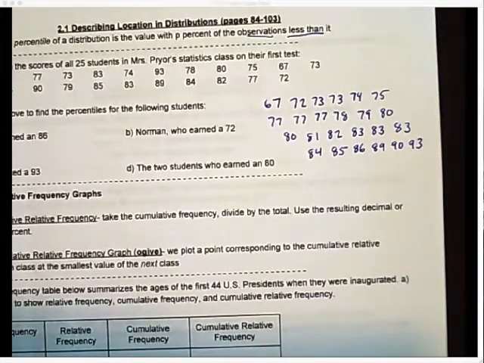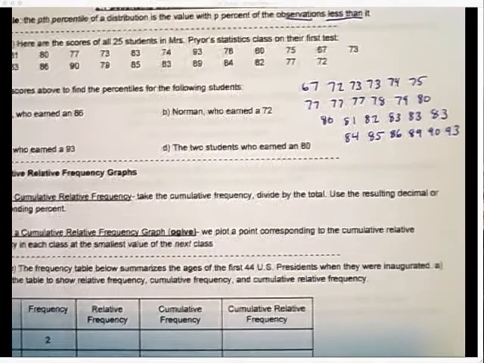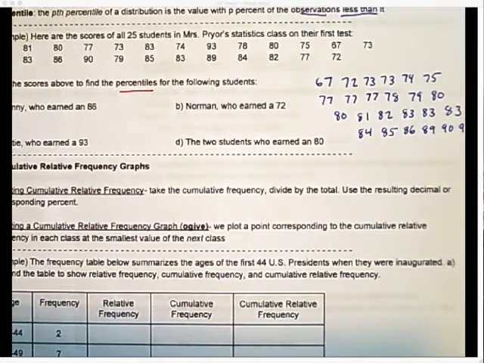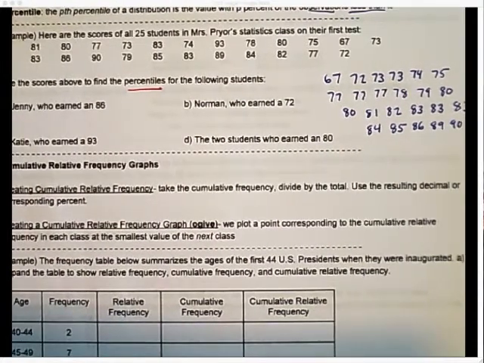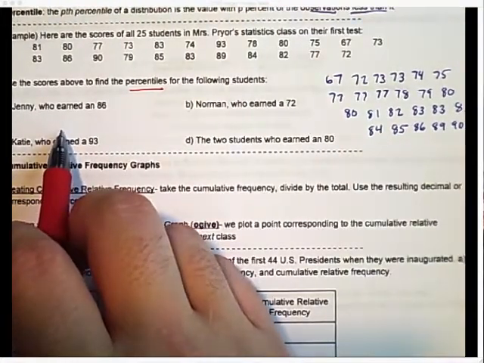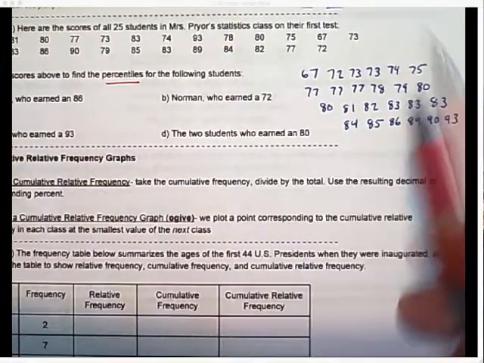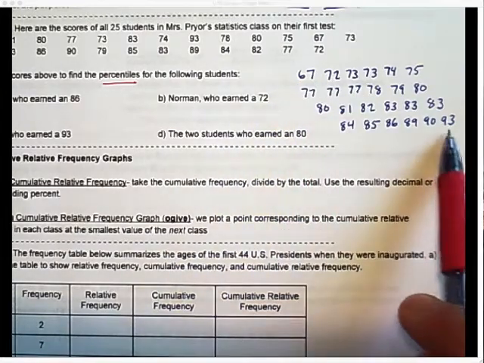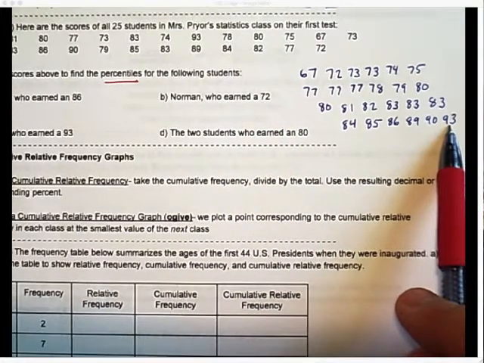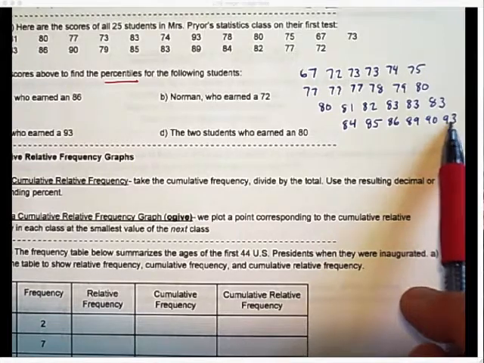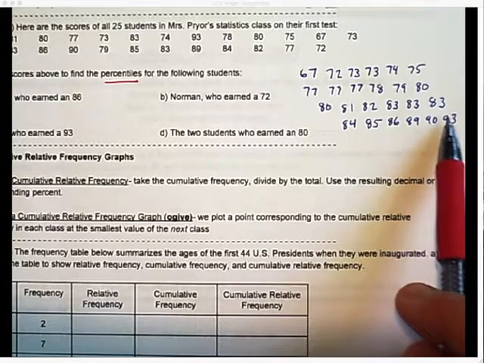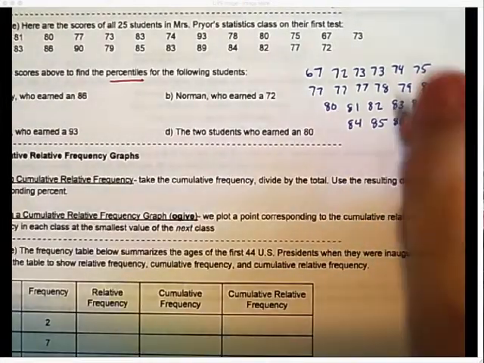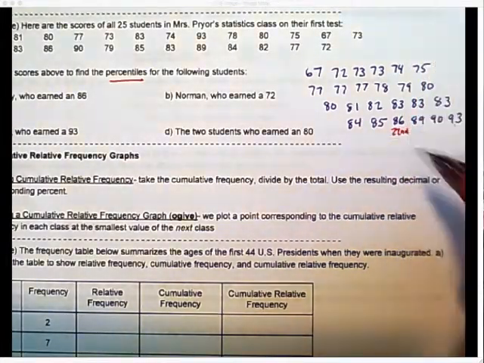So it says use the scores to find the percentiles for the following students. So Jenny earned an 86. If I were to label these data points, this would be data point 1 and this would be data point 25. So Jenny, who got the 86, if this is the 25th data value in order, that would be the 24th, 23rd, 22nd. So this is the 22nd data value.